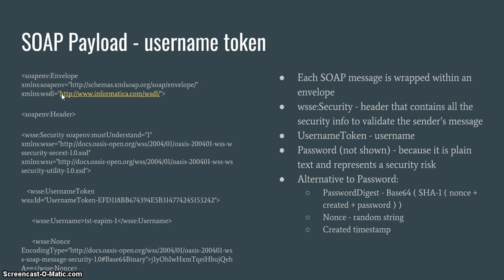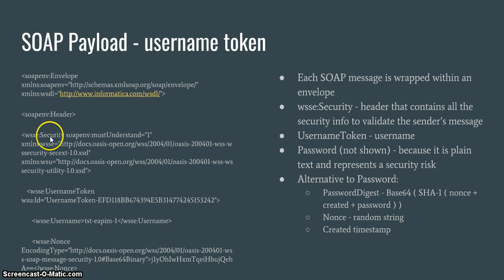So the username token is used to pass in the username and the password. And typically, here on the left side, you can kind of see an example. It's not a complete example because it's too large to include, but it gives you an idea of how to submit this with a username token.